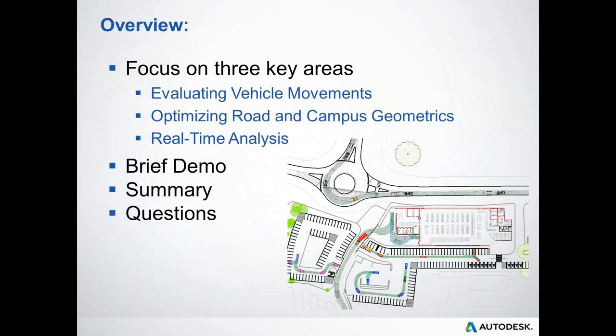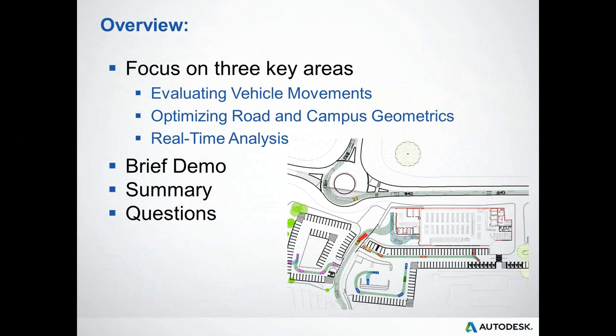As far as an overview goes, we're going to focus on 3 key areas of the product. First being evaluating vehicle movement. So we understand that vehicle tracking does have to do with how vehicles track on the road and or on site or in campuses as they maneuver within those environments.